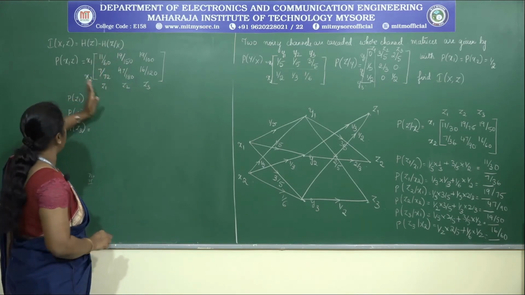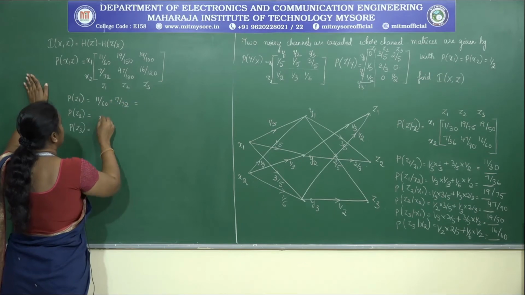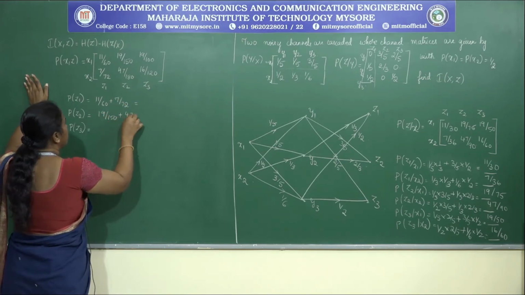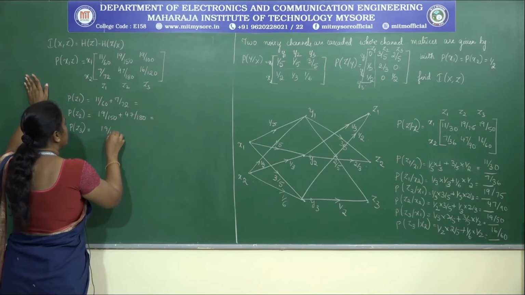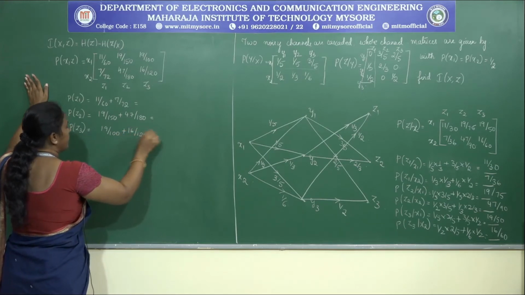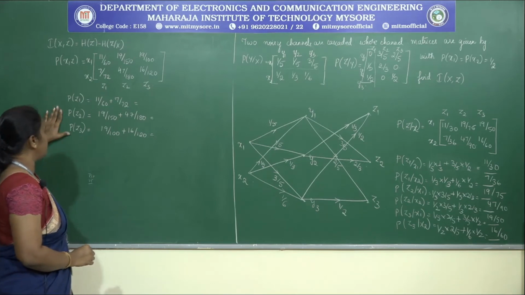By adding the columns. So it is 11 by 60 plus 7 by 72. So 19 by 150 plus 47 by 180. So this is 19 by 100 plus 16 by 120. So if you simplify, you will be getting your z1, z2 and z3 values.